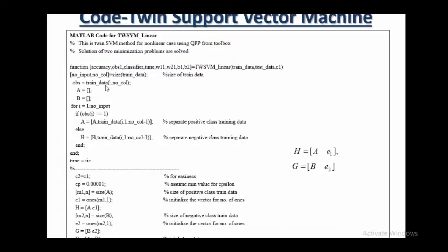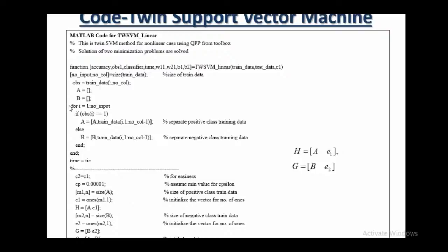A and B we assume are initially empty. I told you A is for the positive class samples and B is for the negative class samples. So how can you separate the positive class data points into A and the negative class data points into B? This for loop does it.